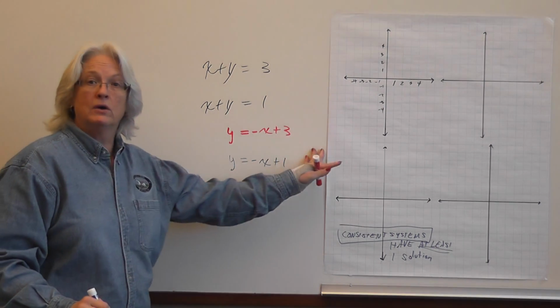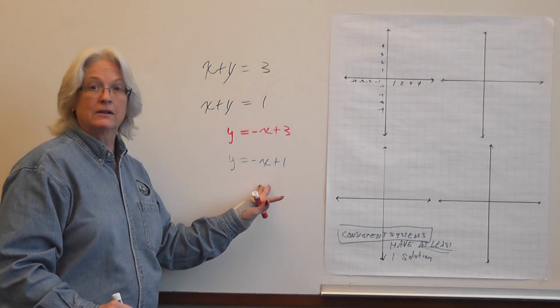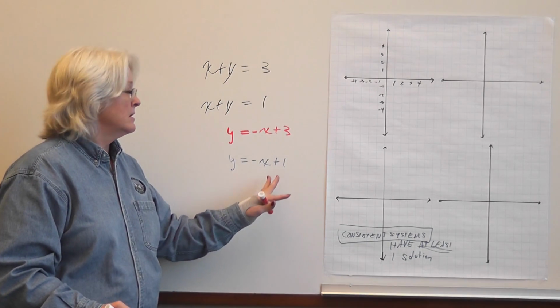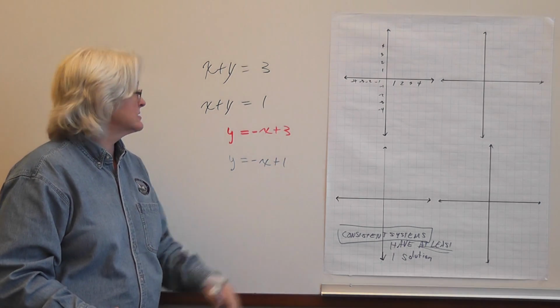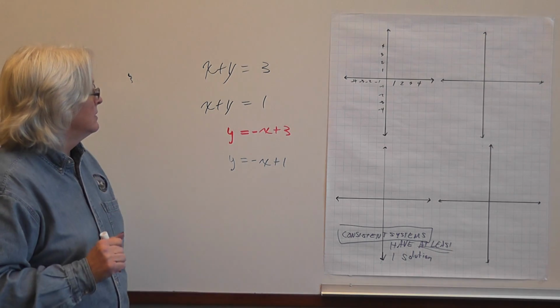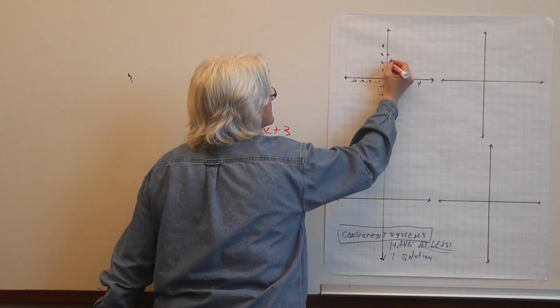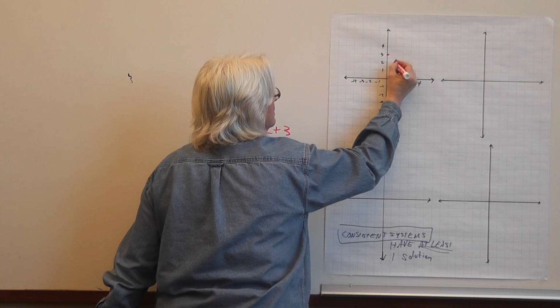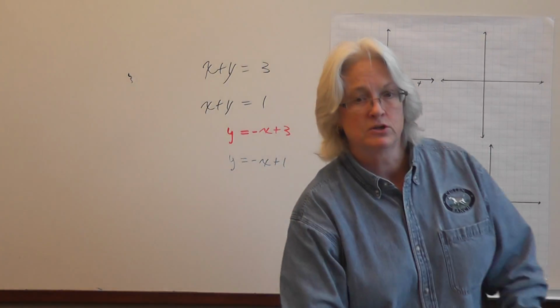Now, what do you notice about these two lines? They both have exactly the same slope, don't they? But they intersect the y-axis at different points. My red line has a y-intercept at the point 3 and has a slope of -1. I left my straight edge way over here.